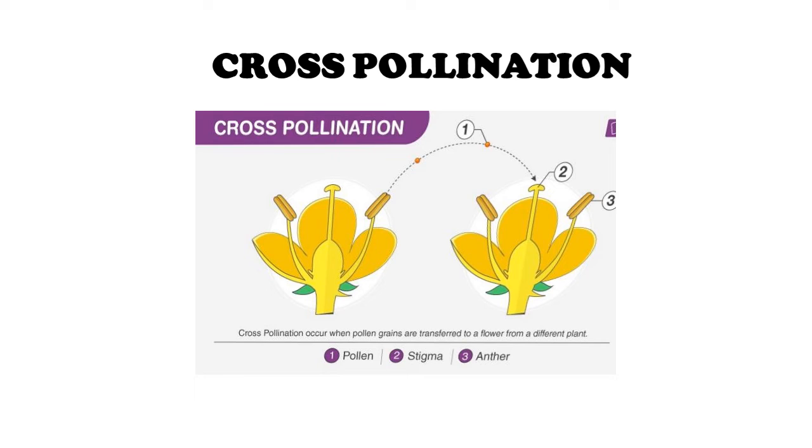In cross-pollination, pollen grains are carried by wind, insects, animals, water, etc. These are the differences between cross-pollination and self-pollination. Understood, students?